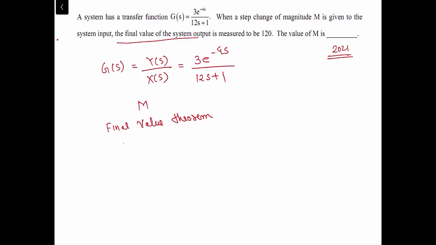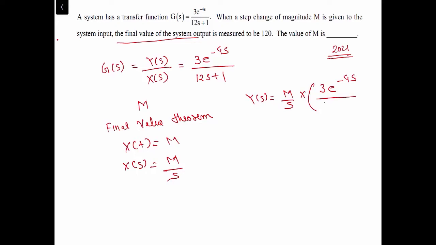सो बेसिकली x(t) की वैल्यू गिवन है m, X(s) की वैल्यू हो जाएगी m बाय s. सो वी हैव टू कैलकुलेट द वैल्यू ऑफ m. सो Y(s) इक्वल्स टू m बाय s इंटू ट्रांसफर फंक्शन दैट इज 3e to the power minus 4s upon 12s plus 1, and this value is given, Y(s) equals 120 by final value theorem.